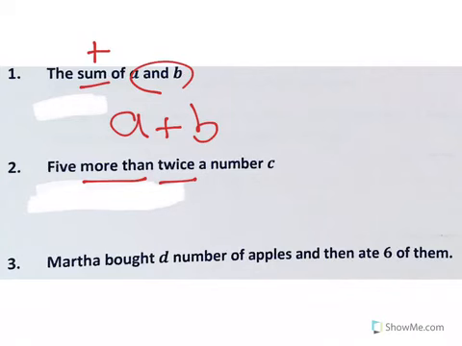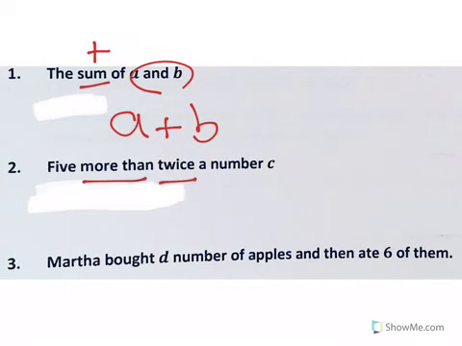Number 2, 5 more than twice a number C. Now, this could be a little bit confusing if you don't know the rule, but you notice that C is italicized. Up top here, you recognize that A and B were italicized. Jumping ahead, you can see D is italicized, meaning it's that kind of special letter that looks like it's leaning. Don't get this A confused. A is not part of this equation because it is not italicized. If it was in italics, then you would know that that is part of the equation.